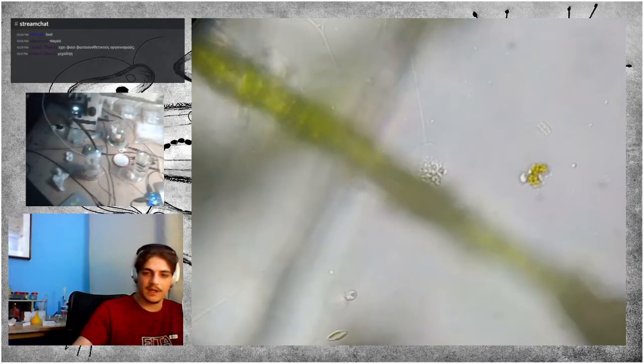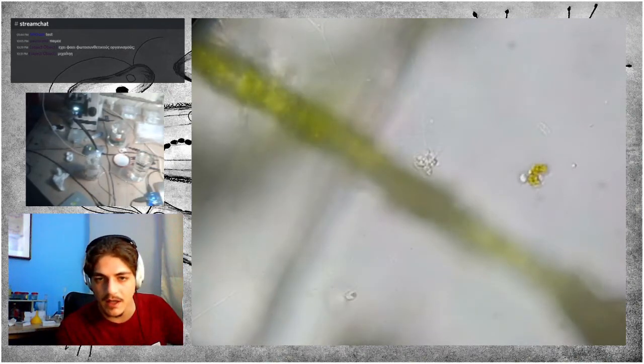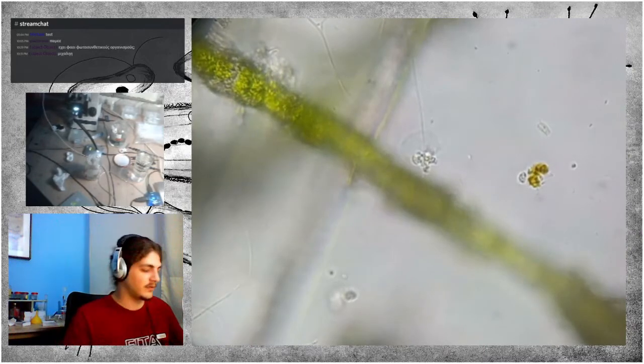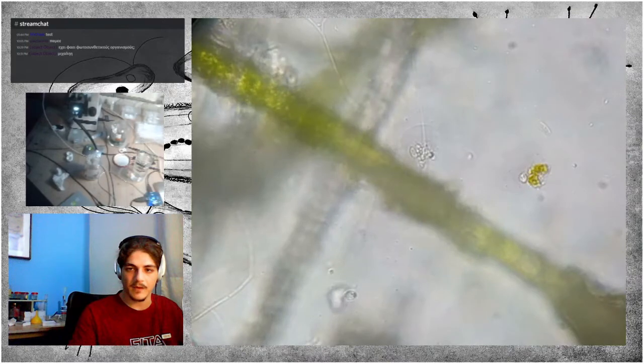Here is another amoeba. Let me see if you can see it. Now you can see it quite clearly.